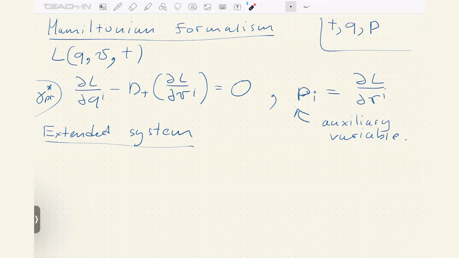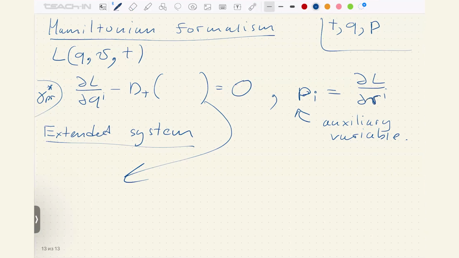But there is one trick. We can even write it nicer, right? Because as we already introduced this variable, we can put it here, because according to the second equation, dL over d velocity is just p.